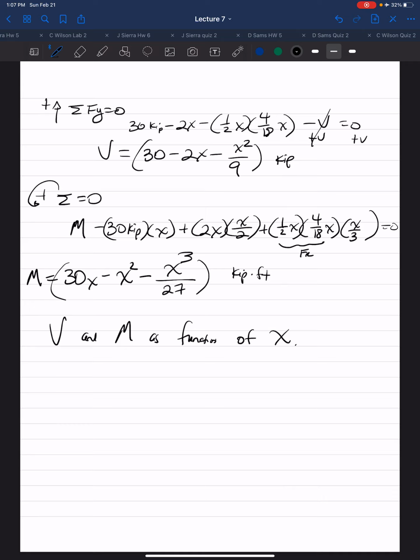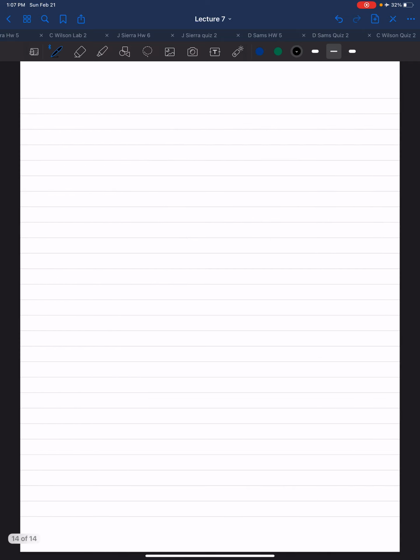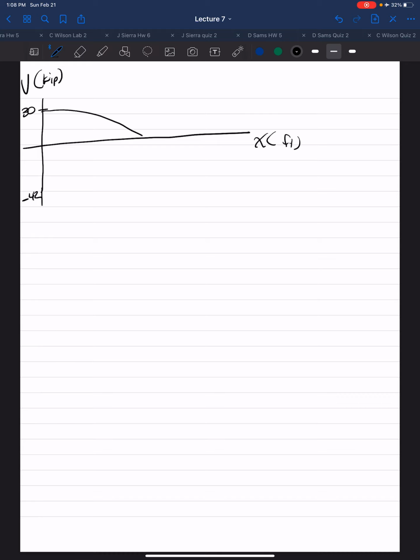Either way, how the curves come out for your V, which is in kilopounds, x in feet, 30 kilopounds, that's how the curve looks for the internal shear force.